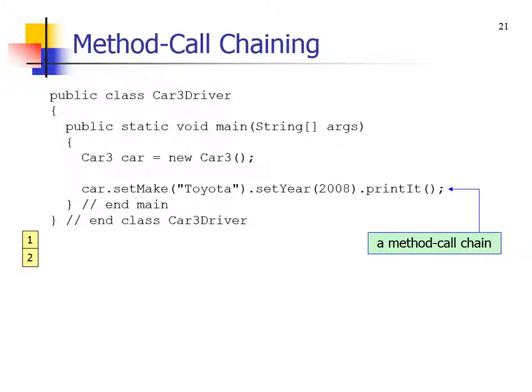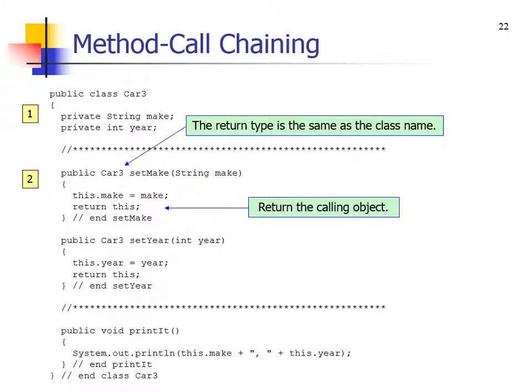Now, what does the set make return? How did we get this information to return, right? Then we set the year to 2008 and do the same thing to return 2008. Then we return the object information into print so that it can send it out. So let's look at how it does this, right? Our set make, we got that Toyota coming in here, right? The make is a string variable called make, our local variable make.